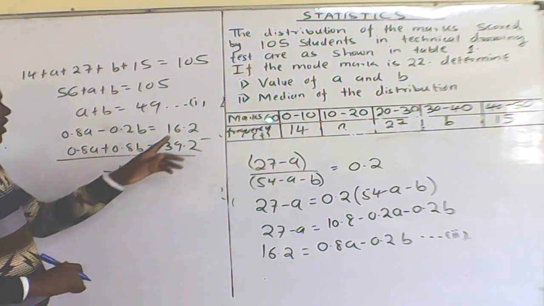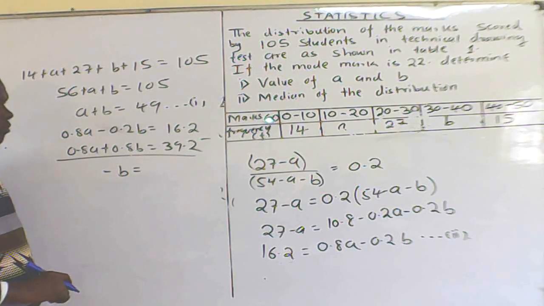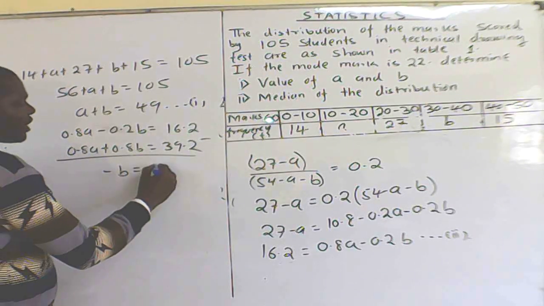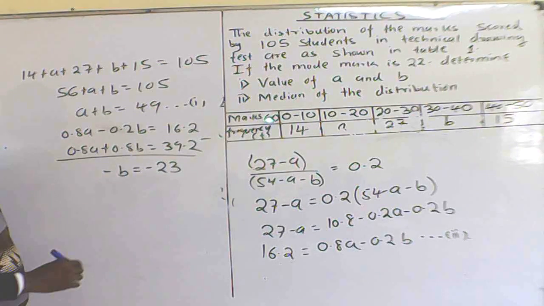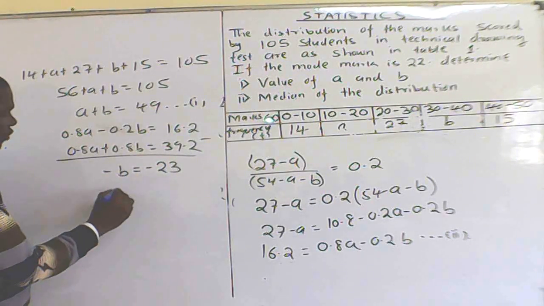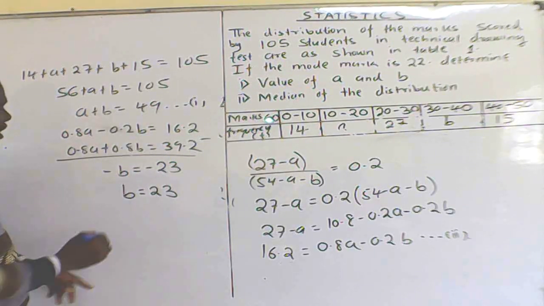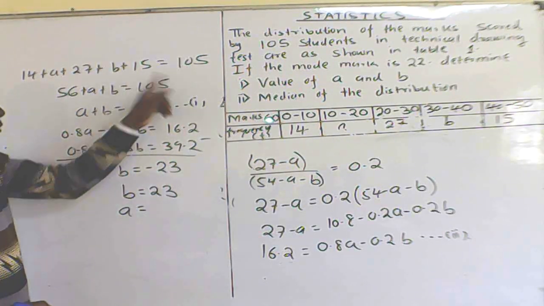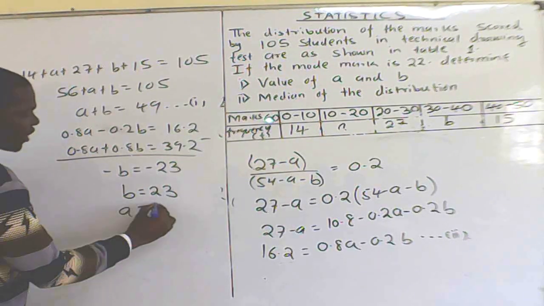Then 16.2 minus 39.2 is negative 23. If you divide both sides by negative, you get b is 23, and a plus b is 49. So a is 49 minus b, so 49 minus 23 is 26.